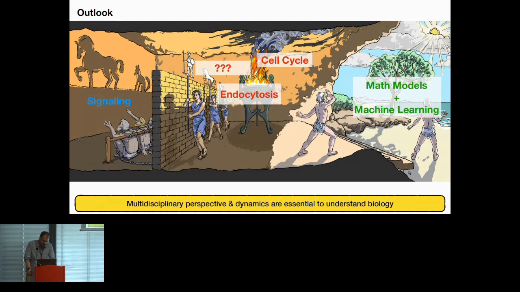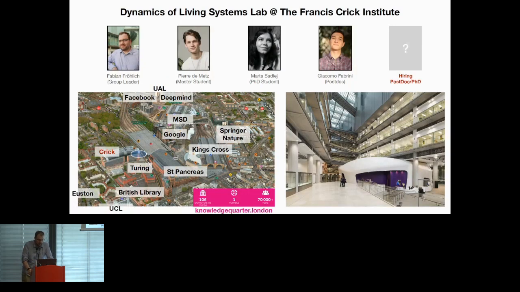And the idea now in my lab is to unravel these indirect observations through a combination of mathematical models with machine learning. I think it's really important to have a multidisciplinary perspective on these things, and that dynamics are quite essential. This is why my lab is called Dynamics of Living Systems Lab.